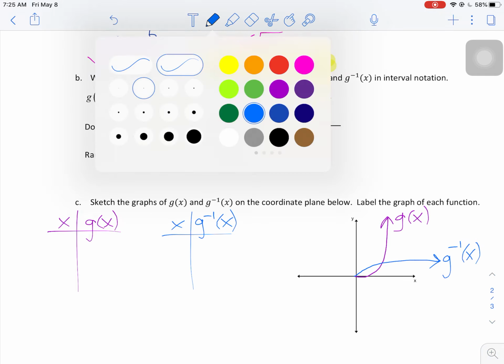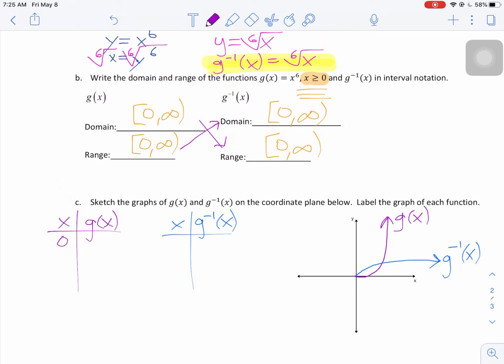So again, my domain is restricted, so I can't have any negative x values. So when x is 0, I have 0 to the 6th power would just be 0. And then when x is 1, 1 to the 6th power would be 1. And then when x is 2, 2 to the 6th power is, I think, 64.